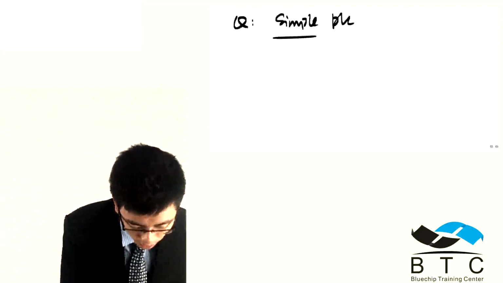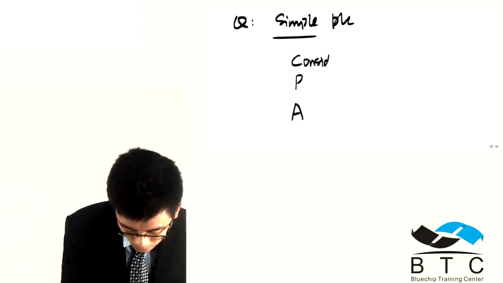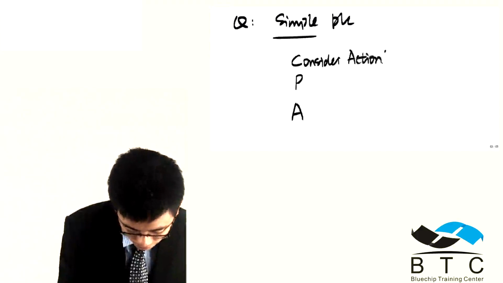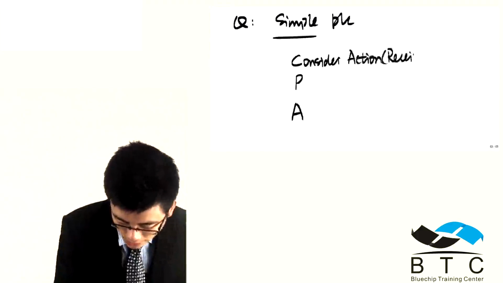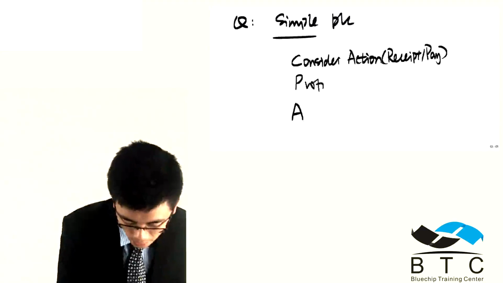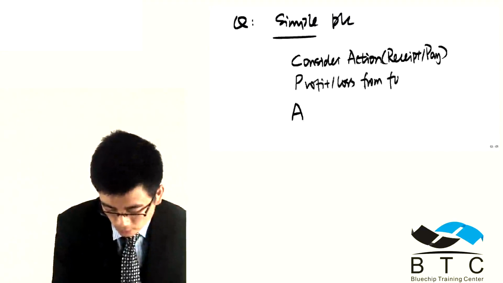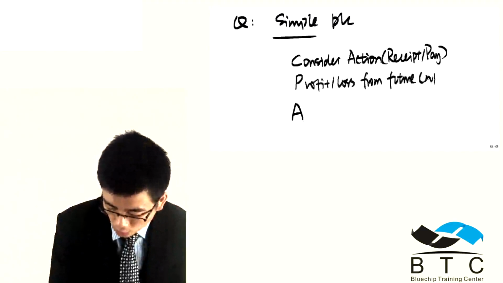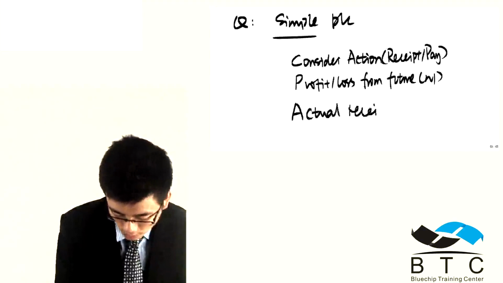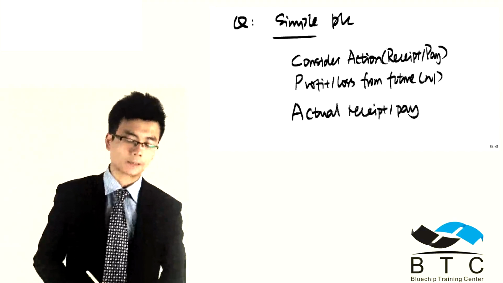So I'm going to show the CPA: consider the action, either we're going to receipt or pay, profit loss from a futures contract, working one, and actual receipts or payment, if you like.